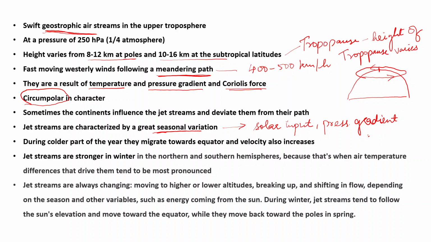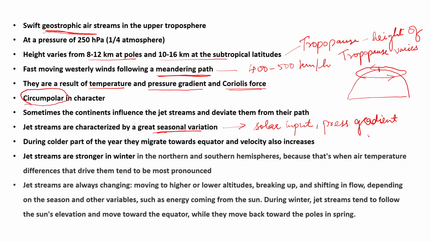During the colder part of the year, they migrate towards the equator and their velocity is very high. When it is the cooler season, the jet streams migrate towards the equator, meaning their sinuosity or their waves which are formed are bending towards the equator, and their velocity is very, very high.